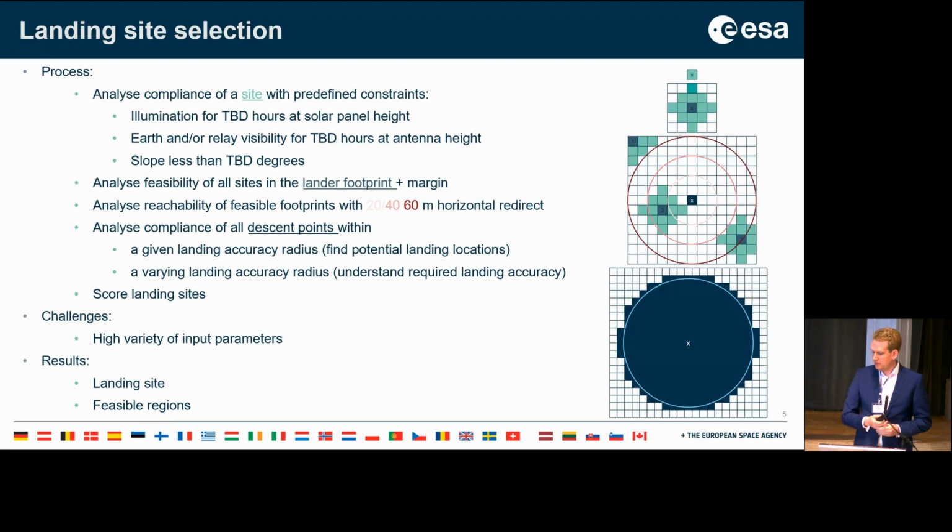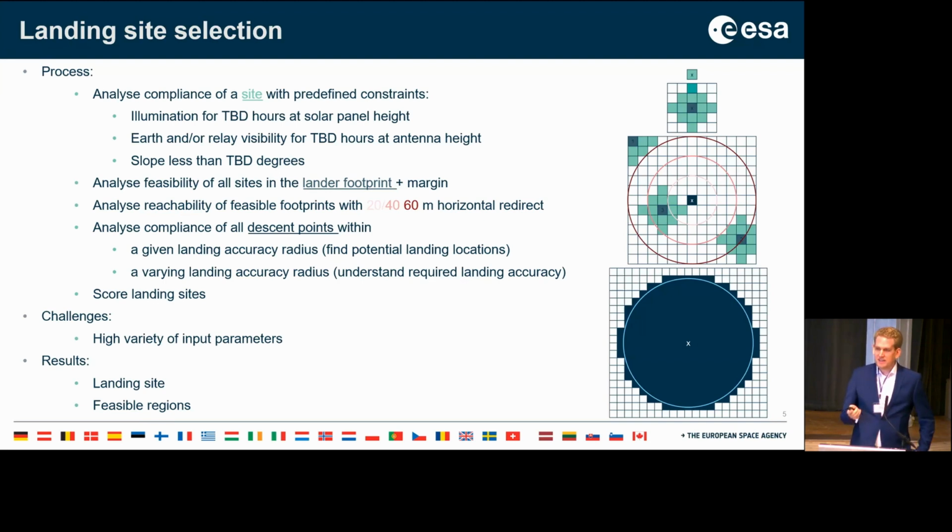And then we go one step further, and this goes really far into the engineering. We're looking at what we call the horizontal redirect, because usually what landers have, and what we've seen in the past, is that at a certain height, let's say 50 meters above the surface, the lander will come to a rather full stop, scan the surface below, and understand, based on pre-computed maps and the images it takes, where to land.